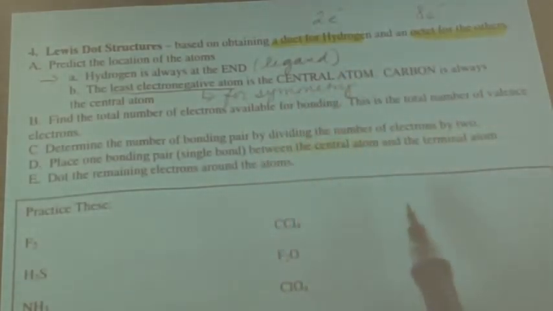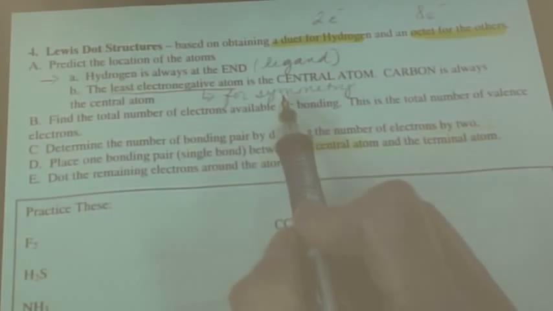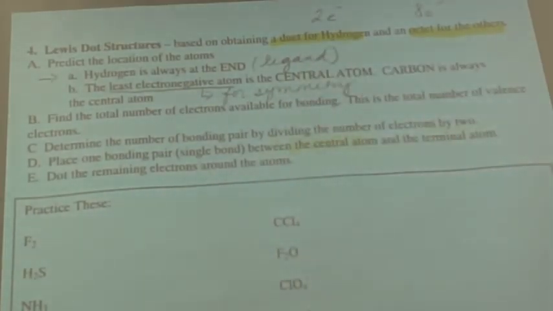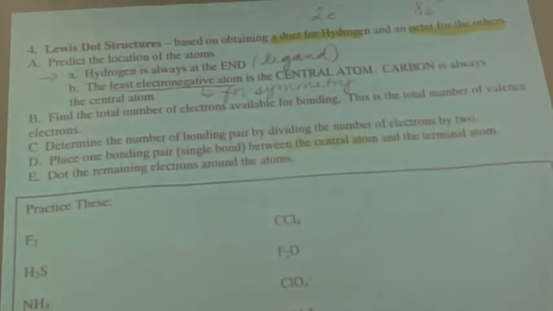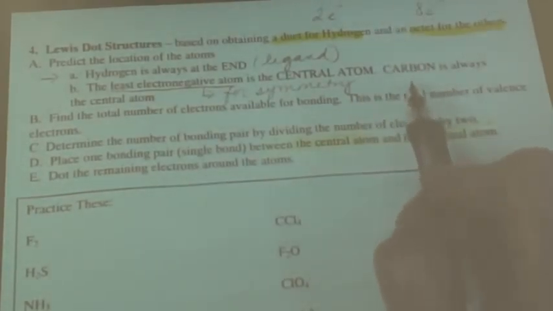I will sometimes put the most electronegative atom in the center if the 2 atoms surrounding it are the same. The universe loves symmetry. Carbon is always the central atom. I will not break that rule.